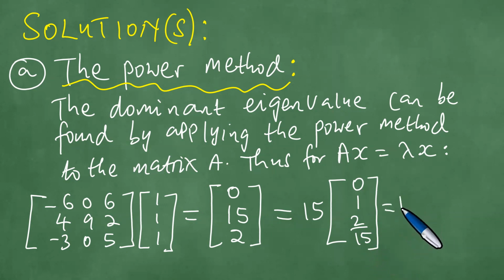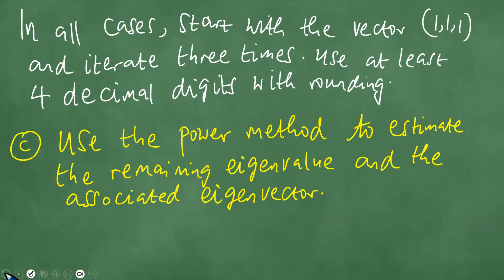Simultaneously, it is evident that this is the same as 0, 1, then 2 divided by 15, which is 0.1333. How many decimal digits? 4. Use at least 4 decimal digits with rounding.